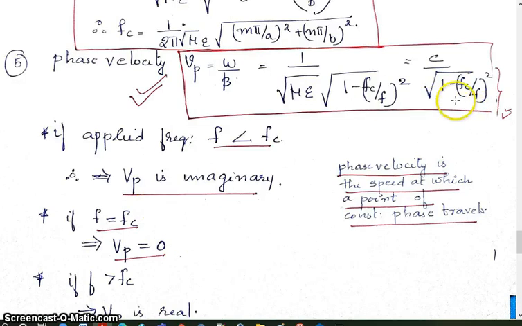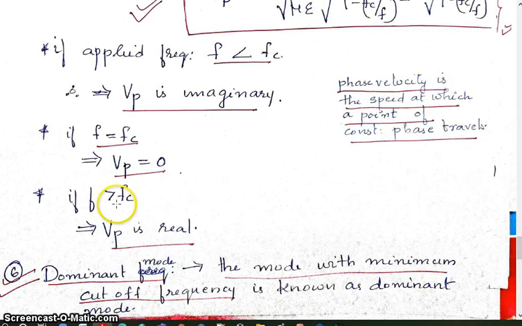When f is less than fc, Vp becomes imaginary. When f is equal to fc, Vp becomes 0, and when f is greater than fc, Vp becomes real. If the electromagnetic wave has to propagate through a waveguide, the value of Vp should be real. Here f represents the frequency of the electromagnetic wave, so f should be greater than the cutoff frequency.